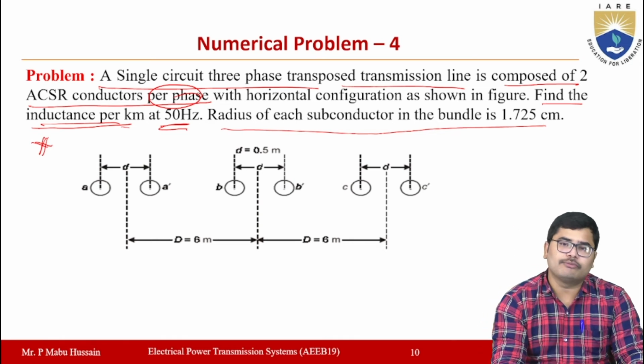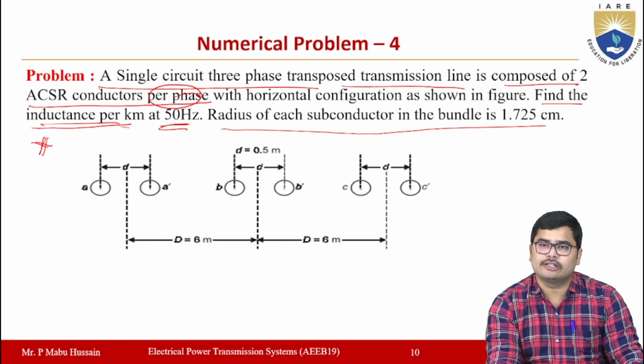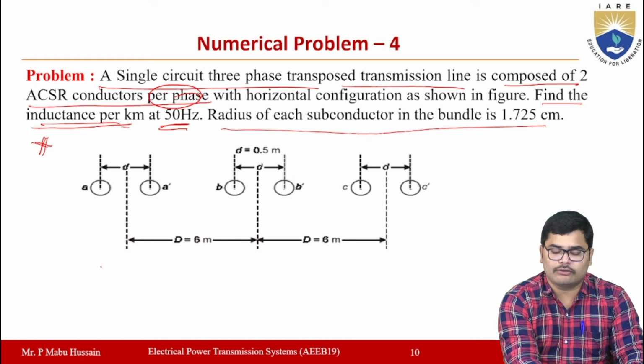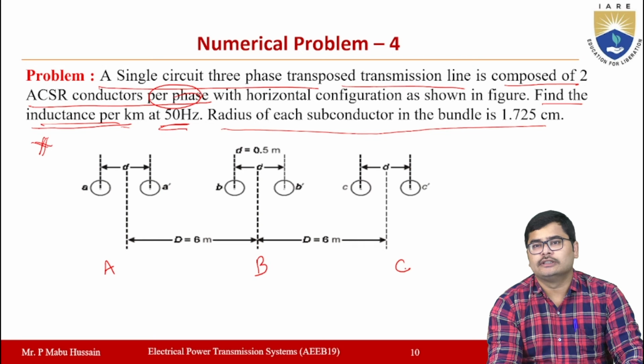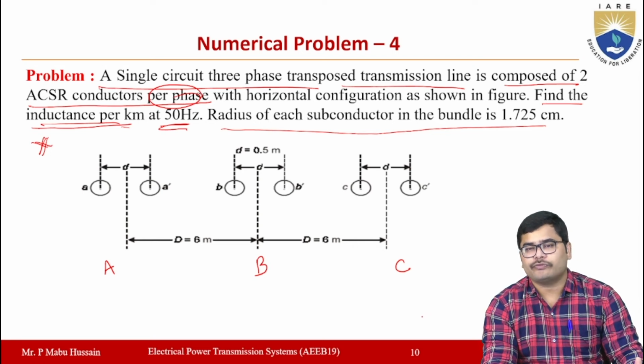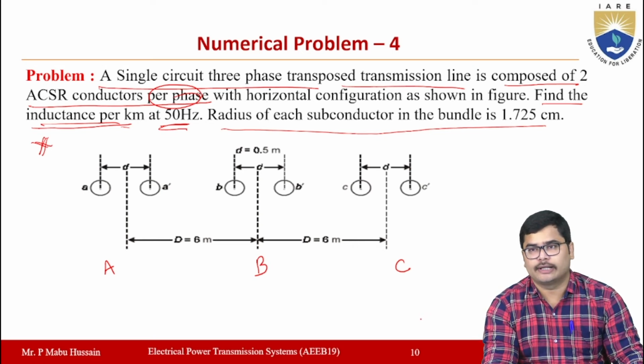If you observe the figure here, it is a single circuit transmission line system. Why? Because here you have only one set of three phases. This is phase A, this is phase B, and this is phase C. But each phase has two subconductors.